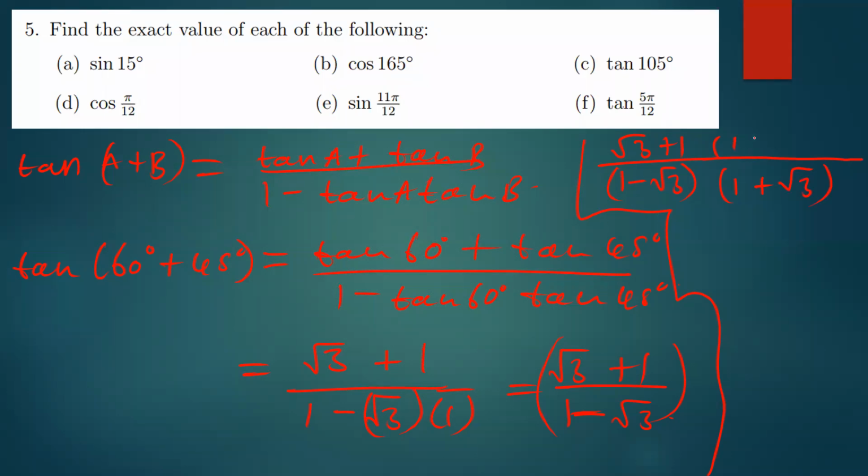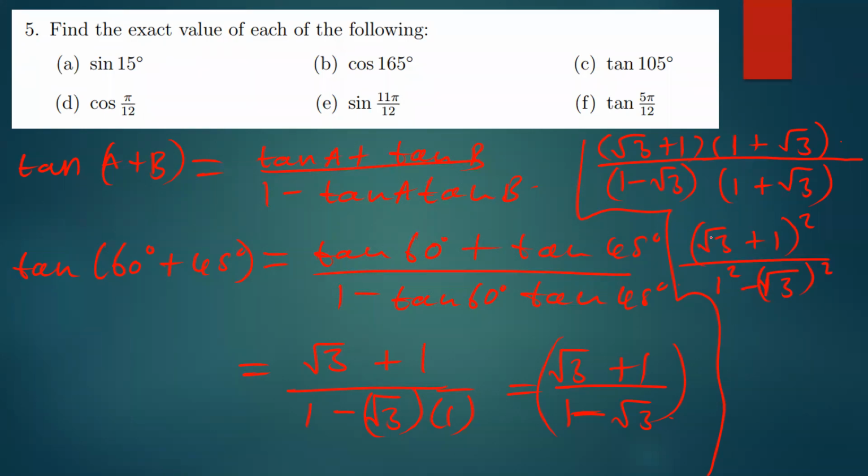Then on top, we multiply it with 1 plus the root of 3. So on top, we're going to have (root 3 plus 1) squared, and on the denominator, we have 1 squared minus the root of 3 squared.